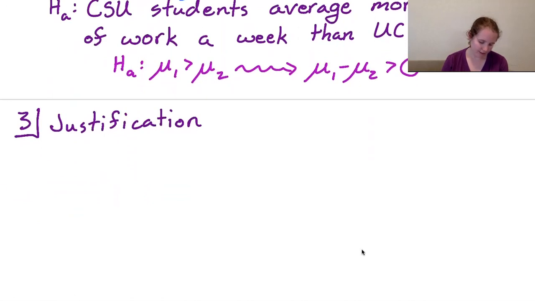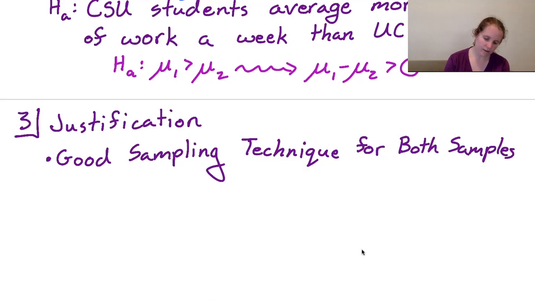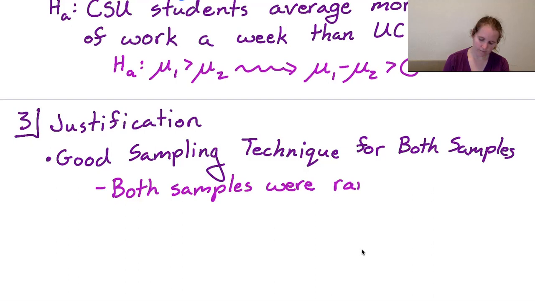So for a good sampling technique for both samples, we have both samples were random, and both were drawn from the entire population.